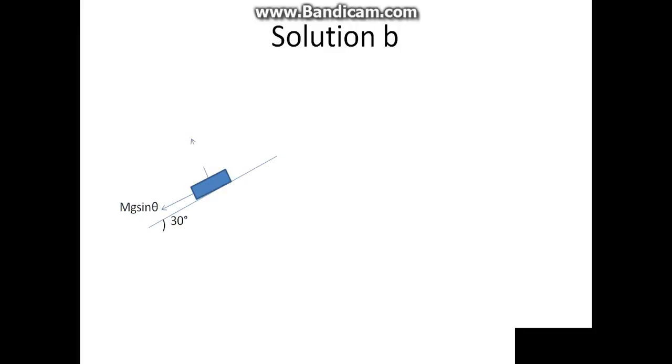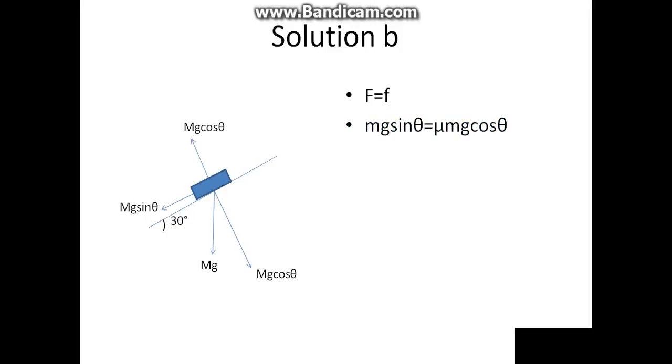Solution B. Looking at this body on an inclined plane of 30 degrees, assuming a normal reaction is acting with mg cos theta, then the force dragging the body down is mg sin theta. Force F is equal to F. Therefore, mg sin theta is equal to mu mg cos theta. Making mu the subject of the formula, we have mg sin theta over mg cos theta.